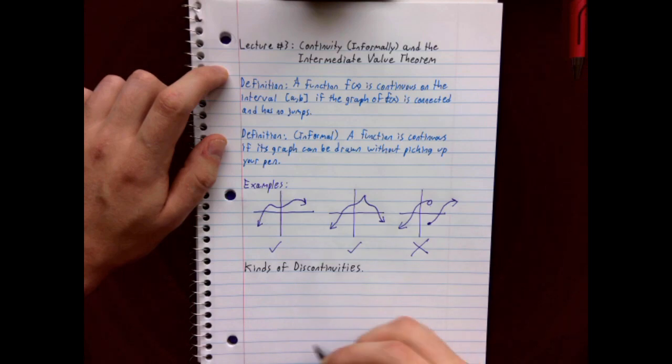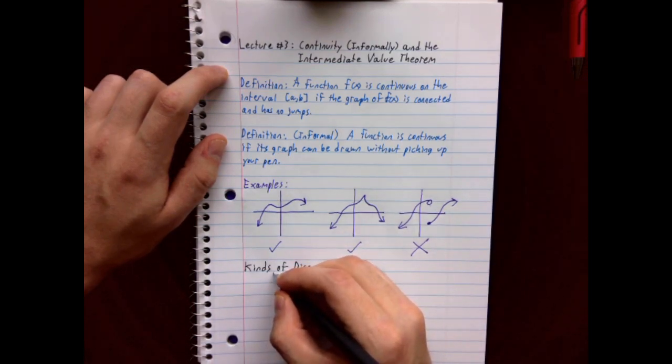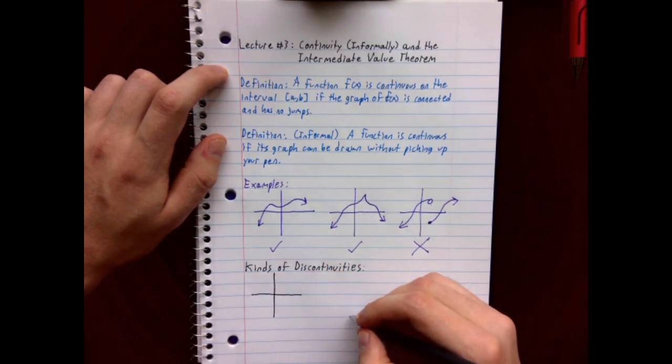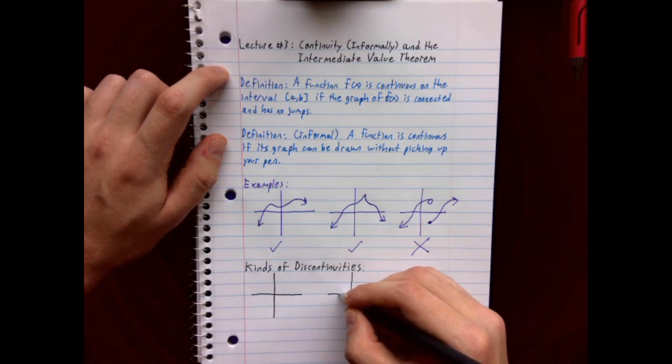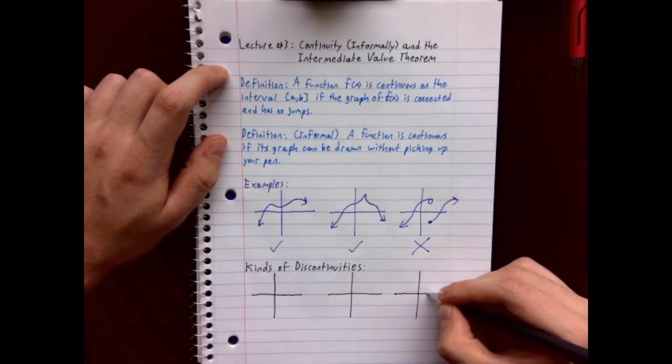There are really three main kinds. Let's draw a picture of each of them. I think that they're not too challenging to understand. It's just a matter of giving them a name and defining them properly.